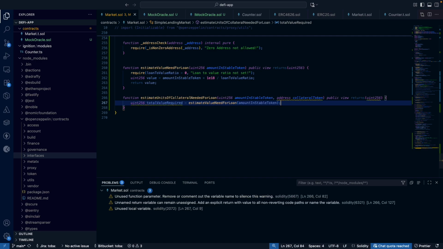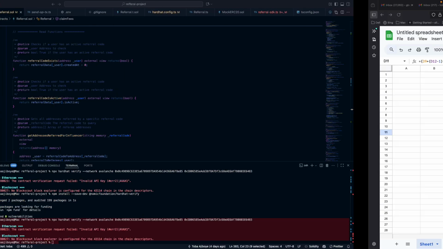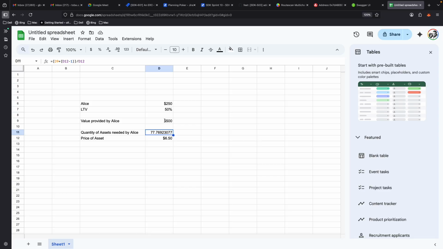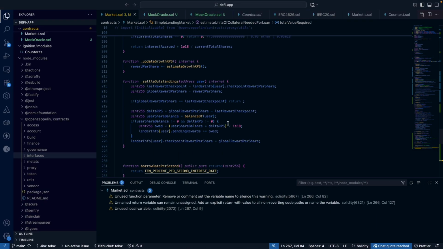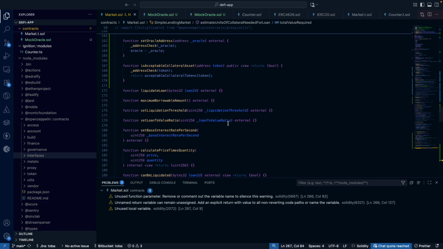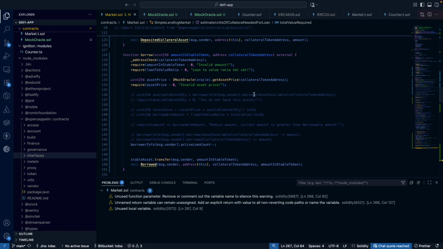Now that we know the total value required, we need to get the price of the asset so we can divide accordingly. Let's come here. We're going to call our oracle, get asset price, this one.